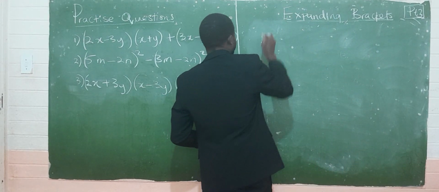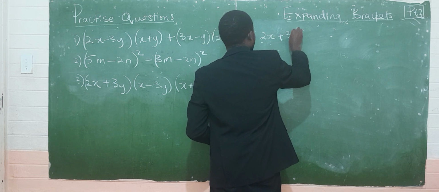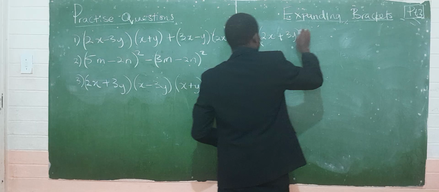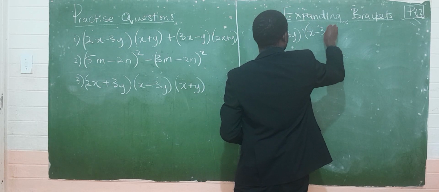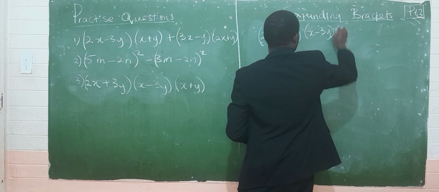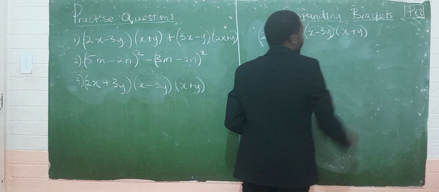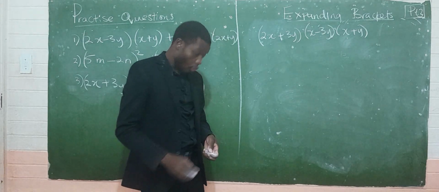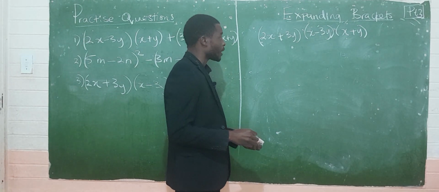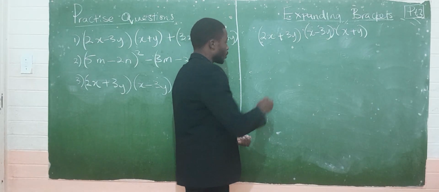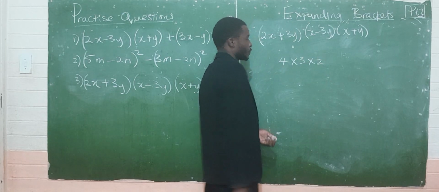Okay, the question is 2x plus 3y multiplied by x minus 3y multiplied by x plus y. We have an interesting situation where we have a chain of terms that are multiplying each other. I don't want you to be confused. Let's say we have 4 times 3 times 2.